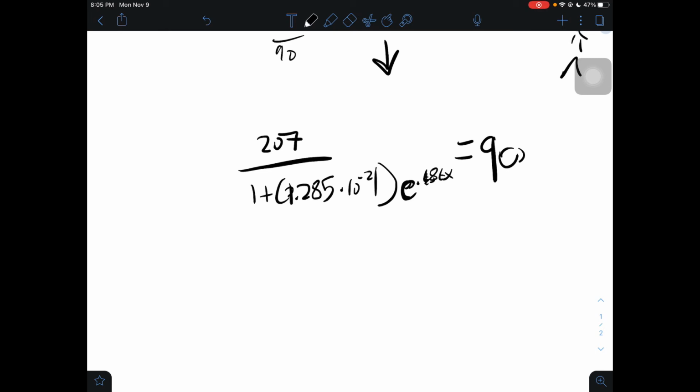So that's the equation we have. We're going to multiply by our denominator on both sides. So we're left with 207 equals 90 times 1 plus 1.285 times 10 to the power of negative 21st e to the power of 0.686 x.